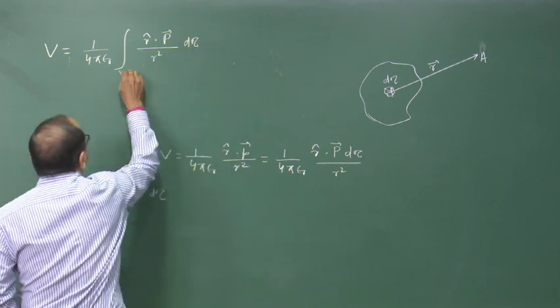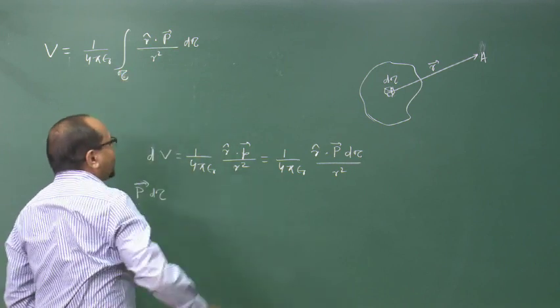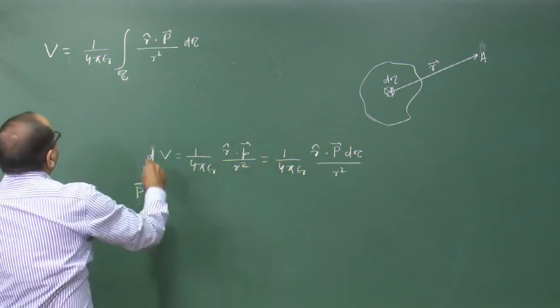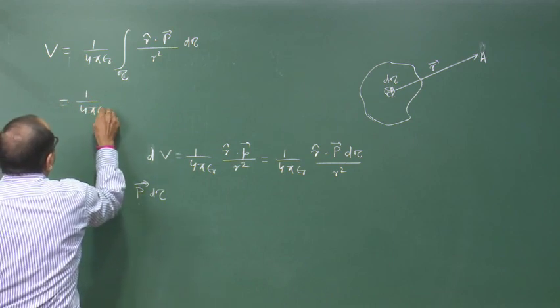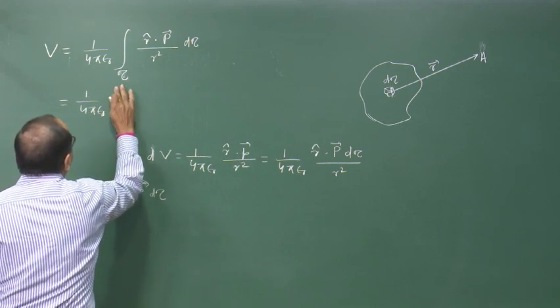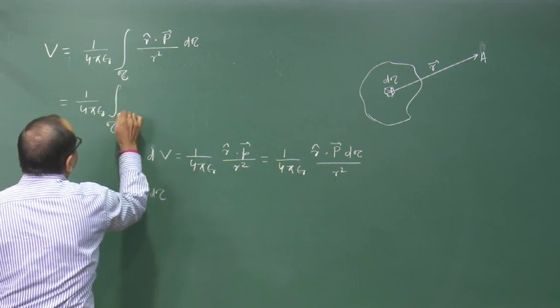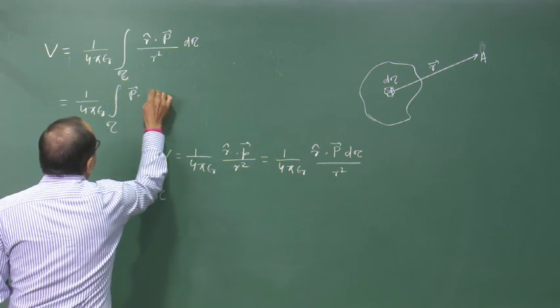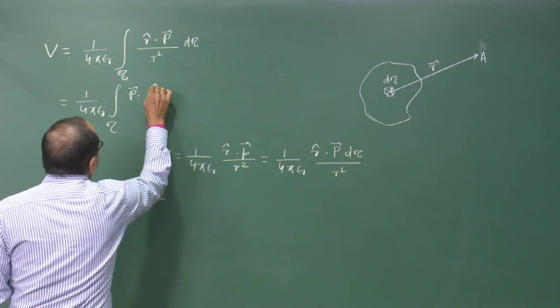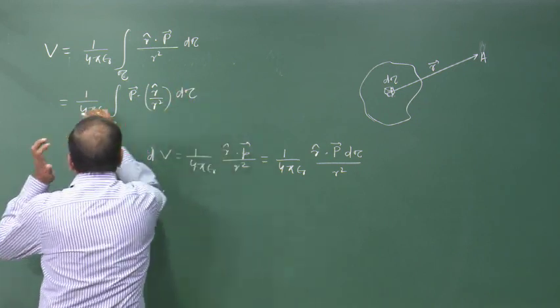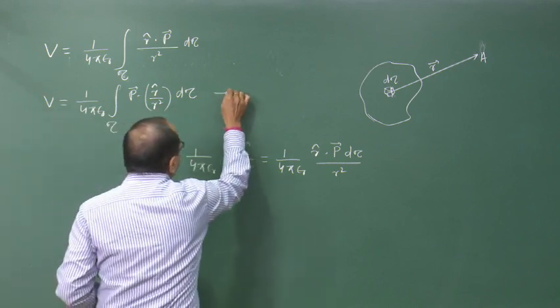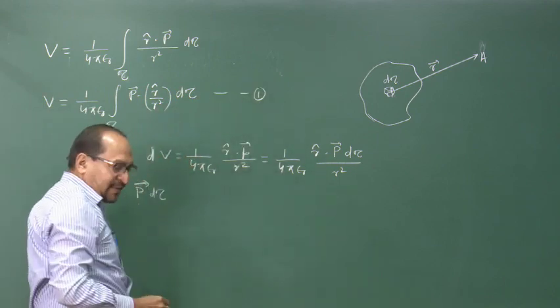The integration is over the volume tau. Okay. Or this we can write as 1 by 4 pi epsilon naught integration over the tau volume P dot r cap by r square into d tau. This is equation 1. Okay.